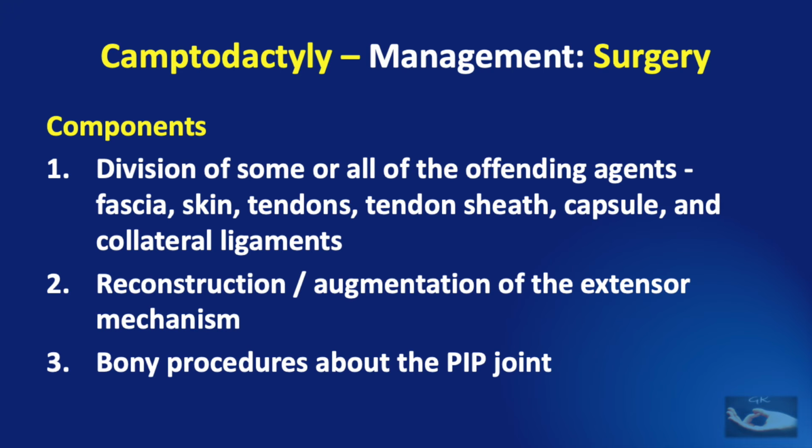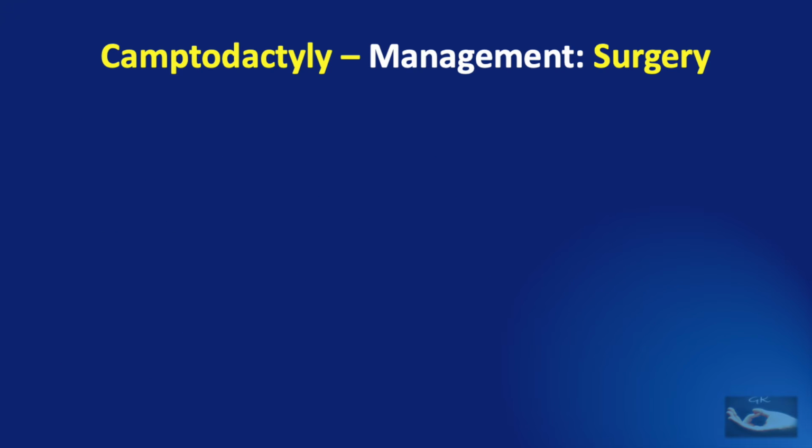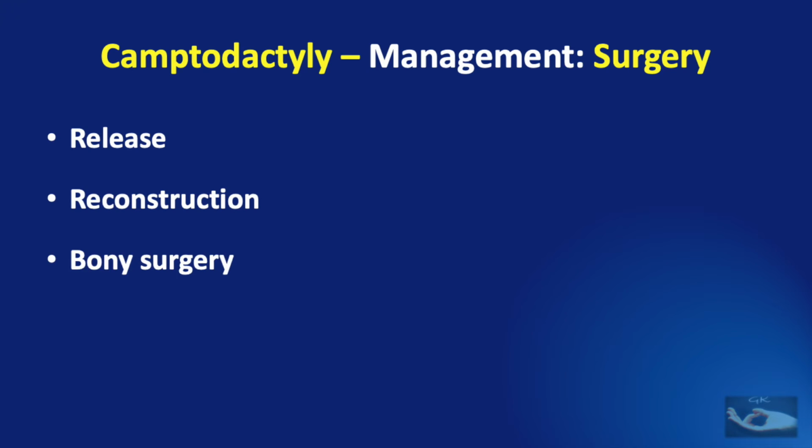The third option may be for bony procedures about the proximal interphalangeal joint where there is a deformity of the joint. So the basic options for surgical management of camptodactyly are release, reconstruction of extension, and bony surgery.